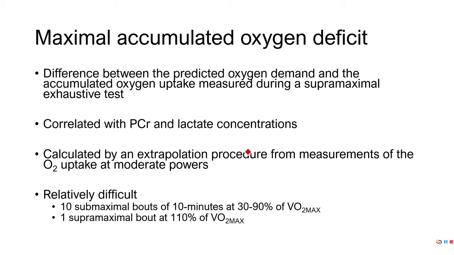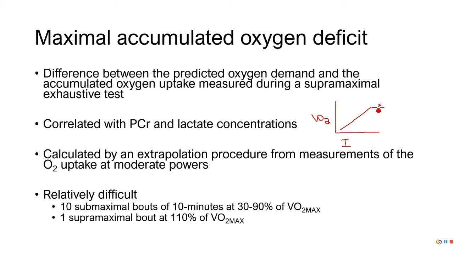Okay, so a way to think about that is you basically plot your line. Remember, I don't have a figure here. We'll talk about this in class, but you've got your graph here, and so this is intensity, this is VO2. Okay, and so your line's going to look something like this, and let's say this is where you hit max. Well, then you're going to run another test at 110%. You're going to see where you're at. Maybe at 110, your VO2 is whatever it is right here.